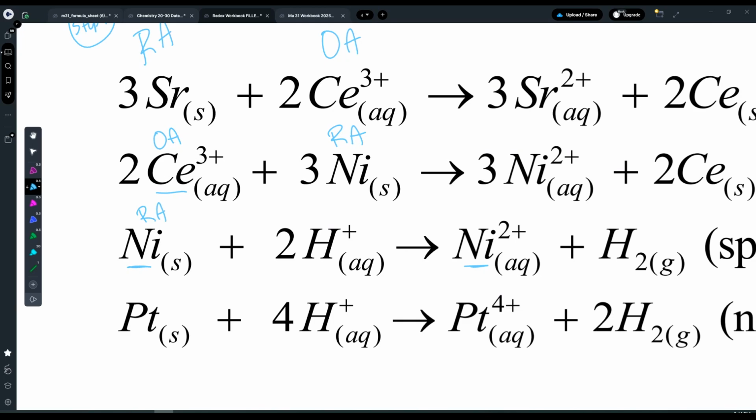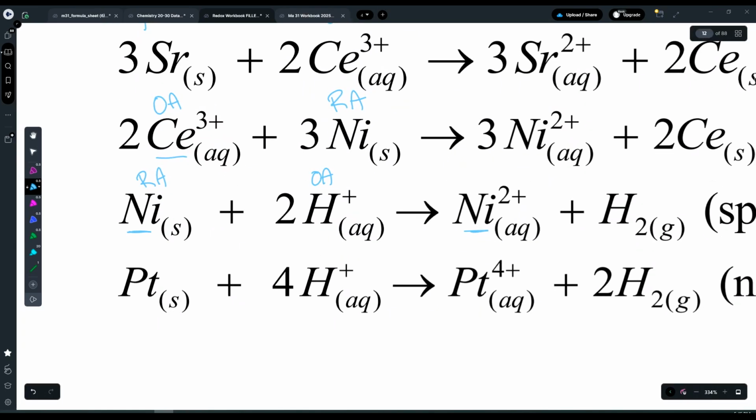Okay, remember, reducing agents help other things to be reduced while it itself undergoes oxidation. Oxidizing agents help other things to be oxidized while it itself undergoes reduction. All right, so if nickel is our reducing agent, that means hydrogen, or our hydrogen ion, has to be our OA.